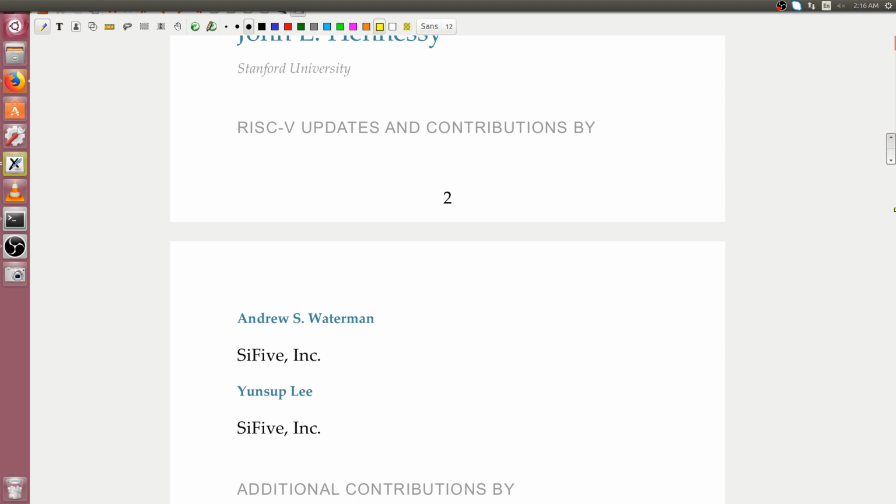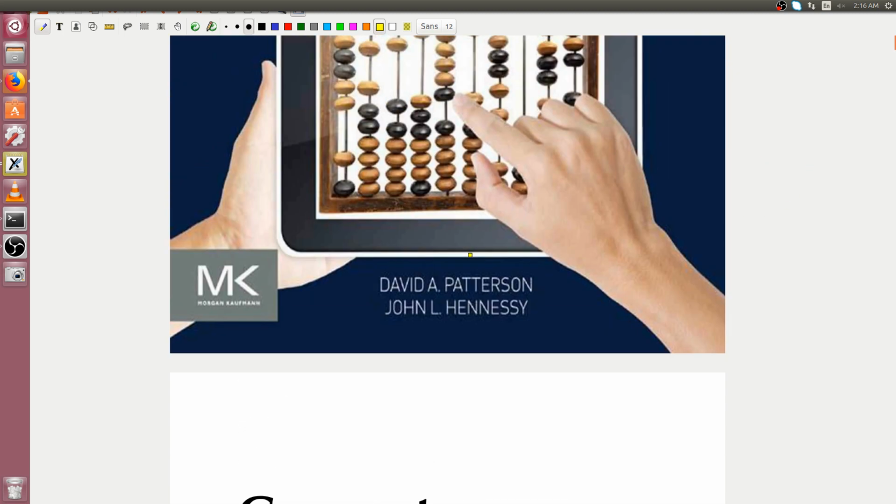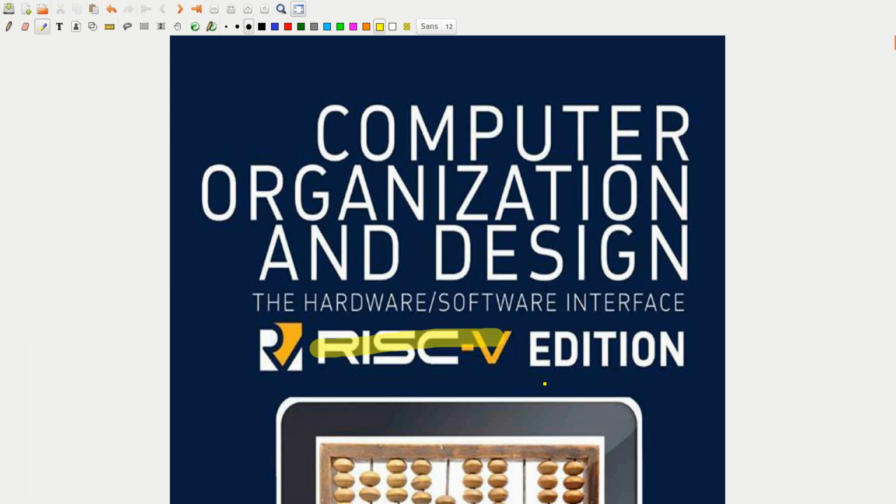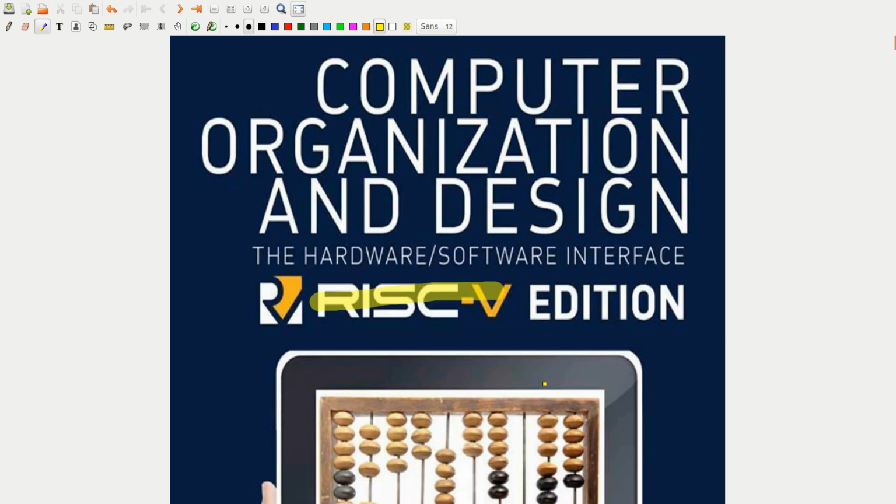So this first one, we're going to do Computer Organization and Design, which is this book right here. We're using the RISC-V edition.